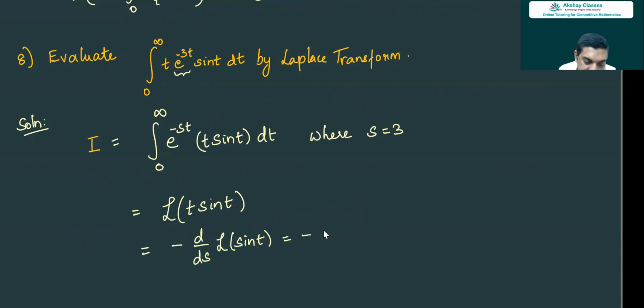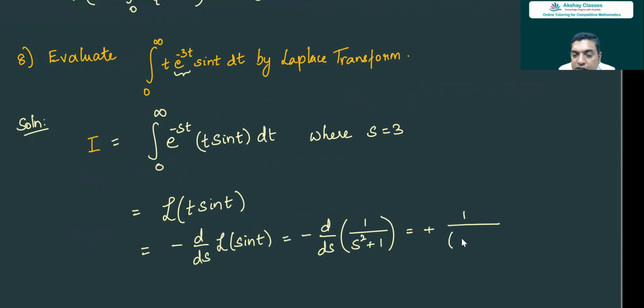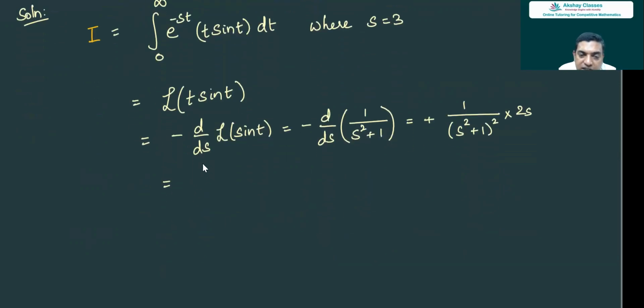So we get minus d by ds of 1 by s square plus 1. So when we differentiate this, we get minus of minus 1 by s square plus 1 the whole square times 2s. So we get this as the Laplace transform.